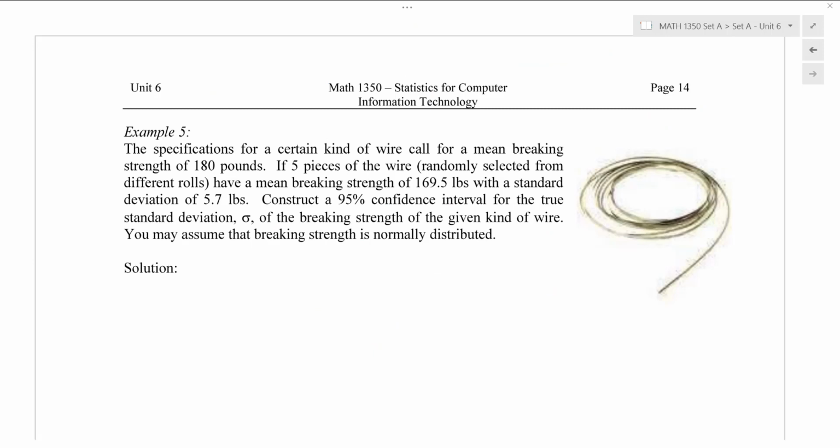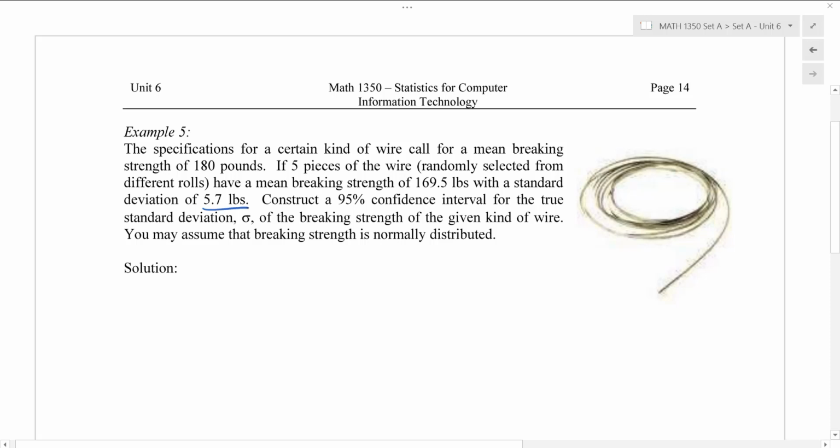So let's turn our attention now to an example. Let's imagine that we have a certain kind of wire and it has some kind of mean breaking strength. Let's say we take a random sample of 5 pieces, find their mean breaking strength as well as the standard deviation for their breaking strength, 5.7 pounds here.